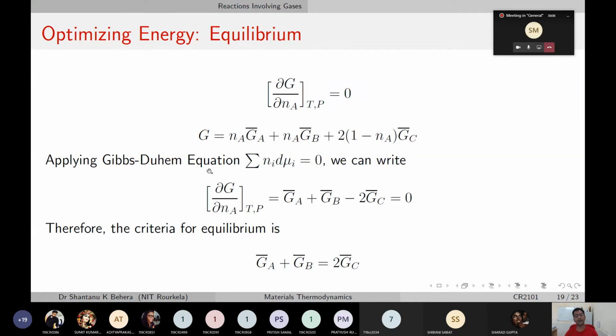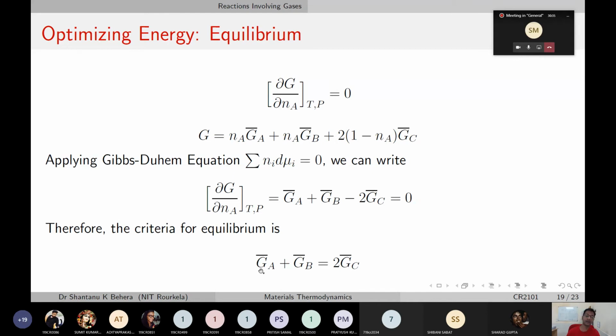And this Gibbs-Duhem equation says that the N d mu part is actually 0. All right. So when you differentiate that, you can simply neglect the N d mu part, and at constant temperature and pressure, del G by del Na is the partial molar free energy of A plus the partial molar free energy of B minus twice the partial molar free energy of C. That is equal to 0.